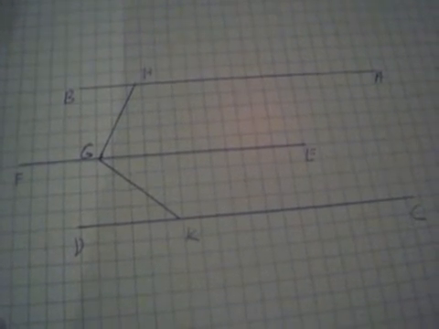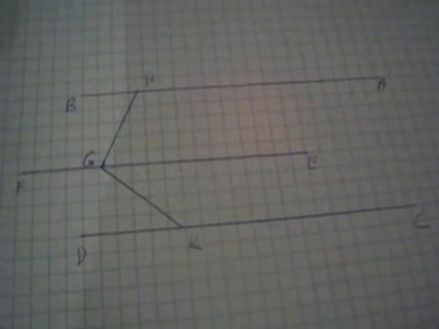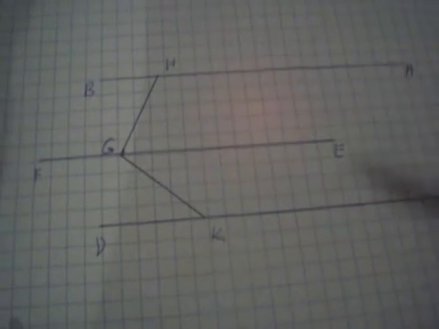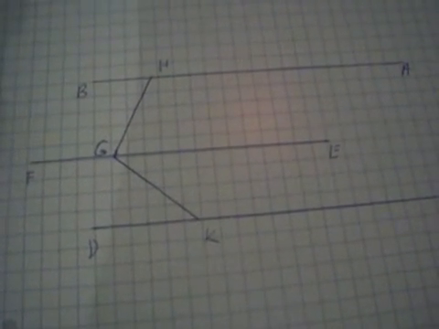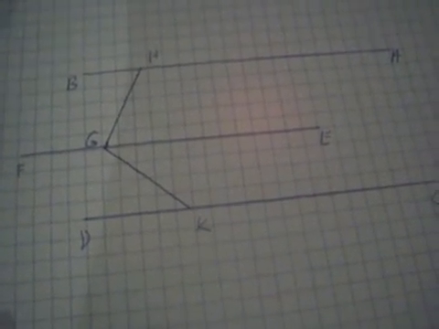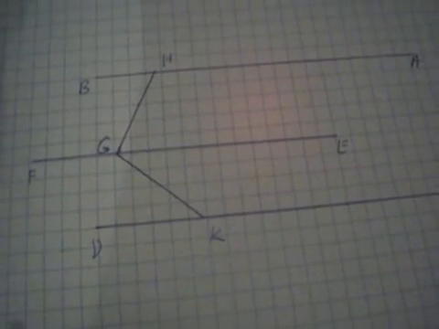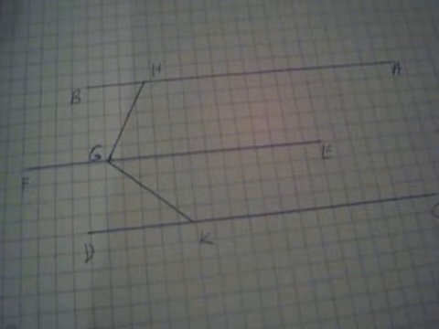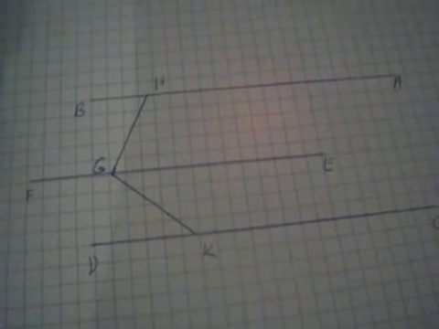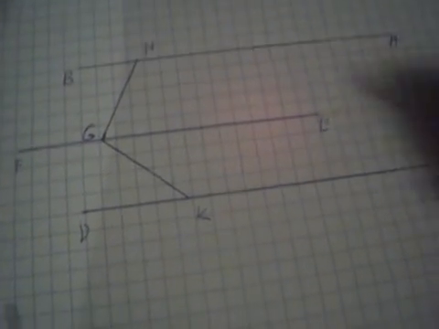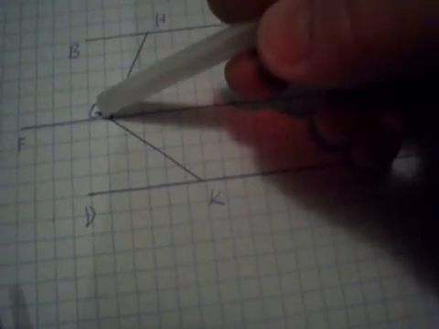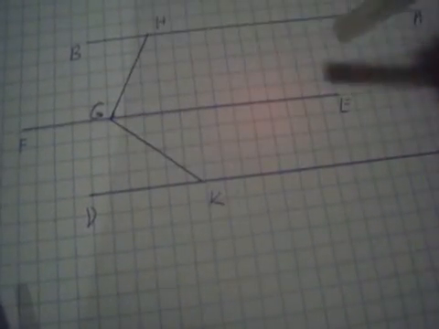For let a point G be taken at random on EF. Well, we did that right there. And from it, let there be drawn GH. Well, this is GH right here, in the plane through EF, AB at right angles to EF. Now this line, GH, is at right angles to EF.